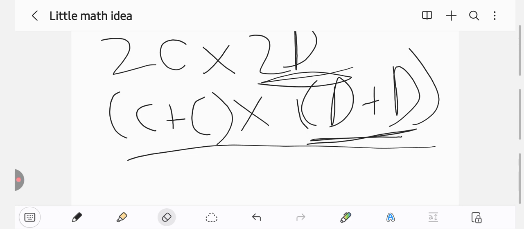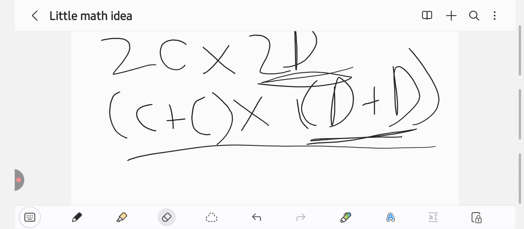These brackets are useful because they represent what this equation means: 2c times 2d means (c plus c) times (d plus d). Here the c plus c was simplified into 2c first, and 2d was simplified first, then multiplied. That's what brackets are for.